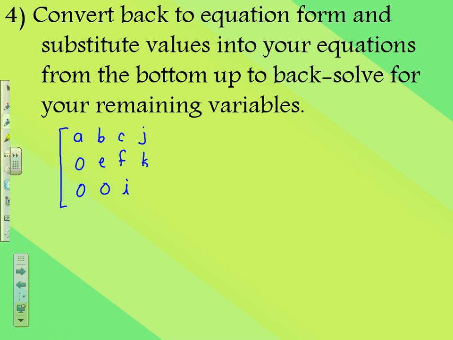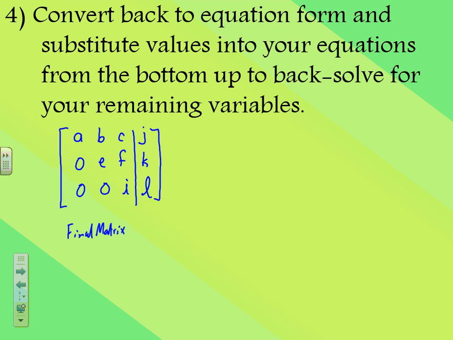Make that an L, keep things consistent. So this is our final augmented matrix. I called this matrix R. What we're going to do from here is turn it back into a system of equations.